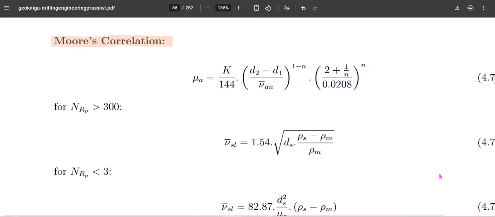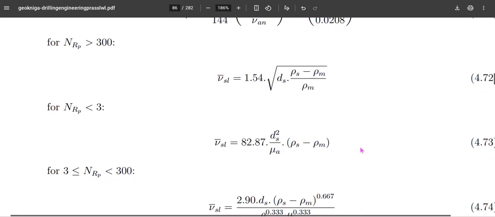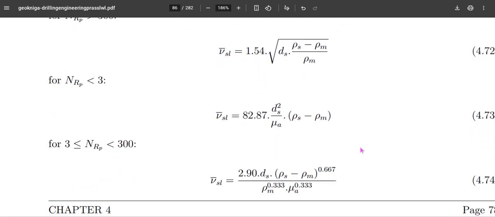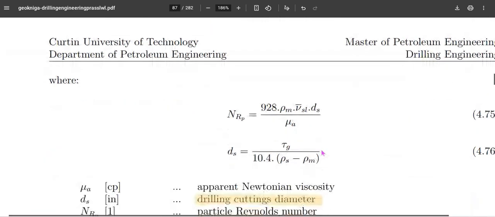So this cutting slip velocity is computed based on these, because most correlations have different forms, different equations to compute a slip velocity based on the Reynolds number. So it's almost the same, but once the Reynolds number increases, it becomes more nonlinear with respect to the rheological properties.